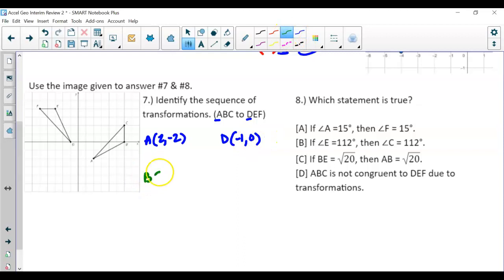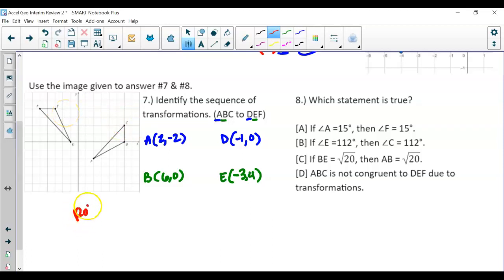Then B is at, so 1, 2, 3, 4, 5, 6, so 6, 0, and B is corresponding to E. So now E is at -3, 1, 2, 3, 4, so -3, 4. So now let's check to see, well, I notice here we've got a rotation. So let's check with a rotation of 90 degrees.